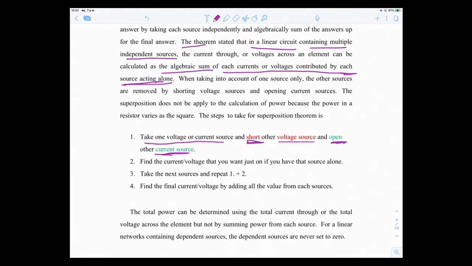Then you proceed with finding the current or voltage that you want, acting on that source alone. The third step is that you keep the answer from step 2 for that source you have been analyzing, go to the next source and do steps 1 and 2 again, until you go around all the sources. Then you find your current or voltage by adding all the values from each source up.